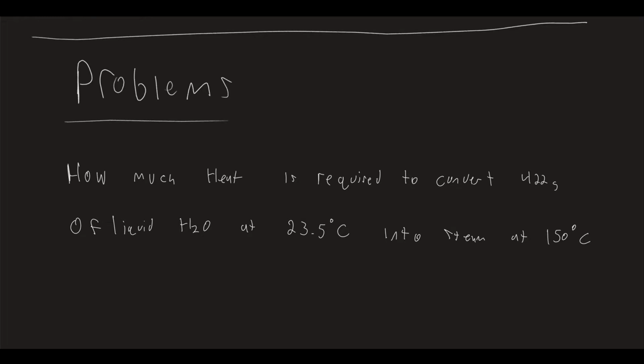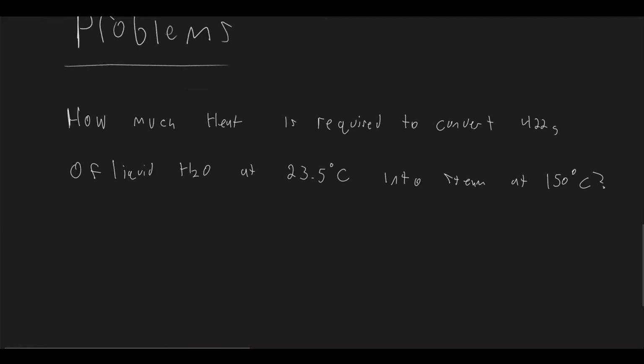So here is our question. And this is a question that is essentially going to include all of the equations. So let's see what we have here. Our equation is asking for how much heat. So I want to know the heat that is required to convert 422 grams of liquid H2O at 23.5 degrees Celsius into steam at 150 degrees Celsius.